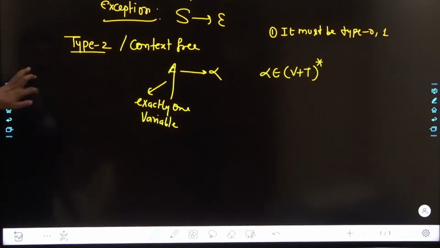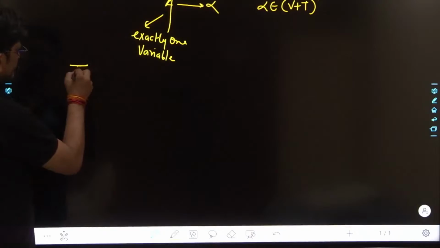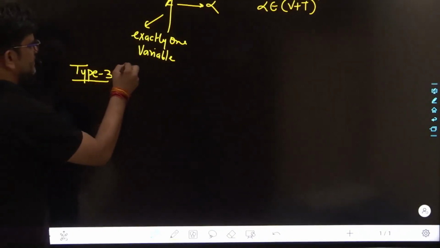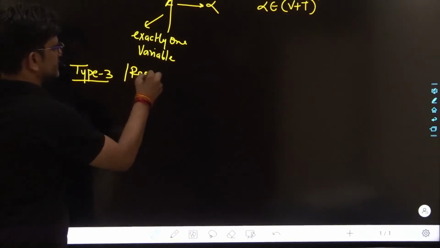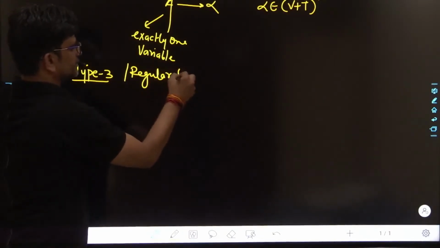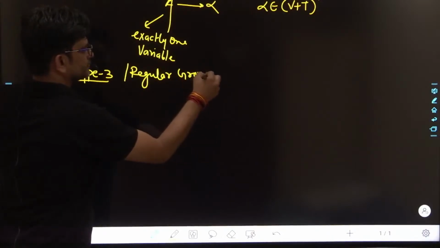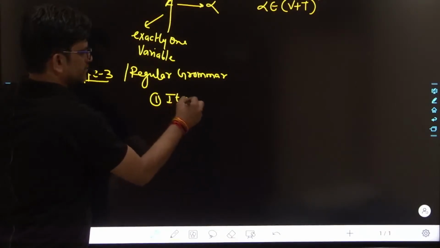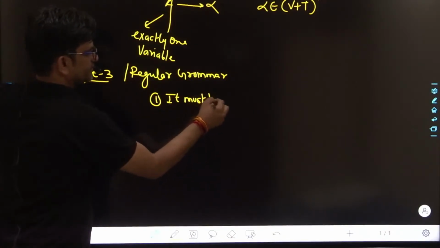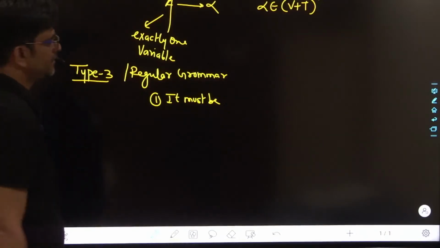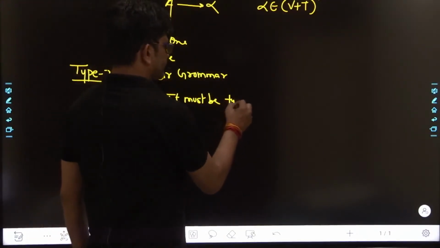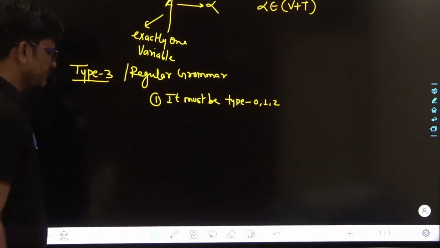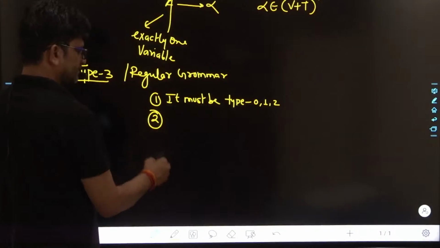Next, type 3. Type 3 is known as regular grammar. So first point, it must be type 0, 1, 2. Second, what is the definition?